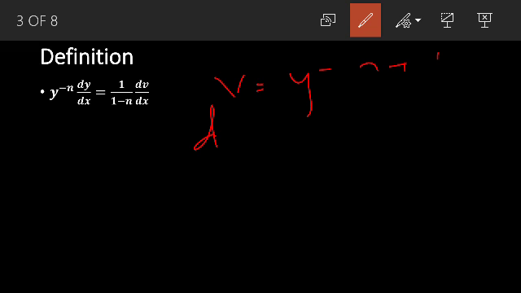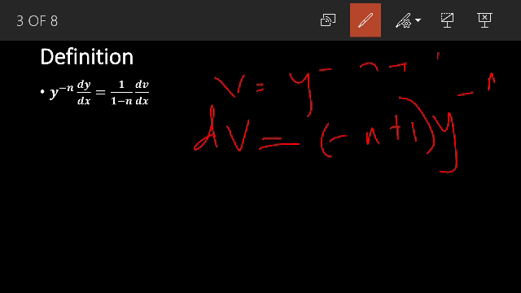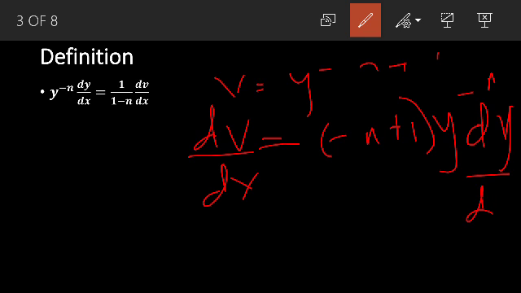If we differentiate v, dv would be, the power comes down, which is (-n+1), then we have y raised to the power; if you subtract 1 from the power, you get just -n. That's an implicit differentiation of y. We can choose to divide through by dx, and we get dv/dx and dy/dx.